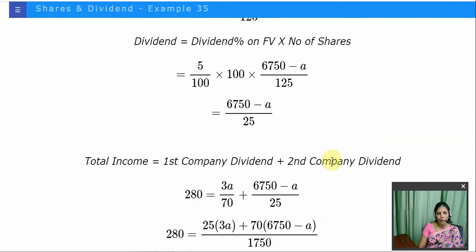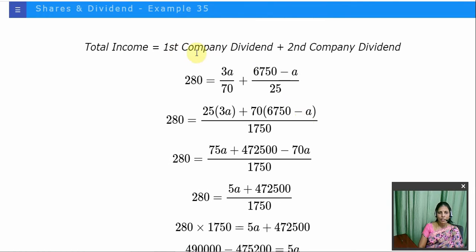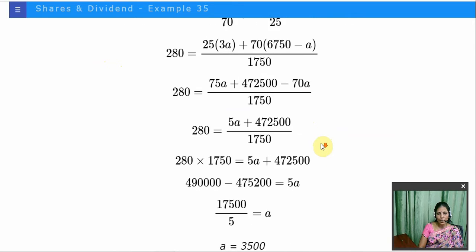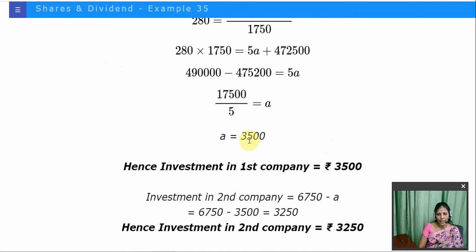Now you found the income of both companies. First company income plus second company income is equal to 280, that is given. Now add both, simplify, and you will get A equal to 3500. A is nothing but the investment in the first company, 3500.